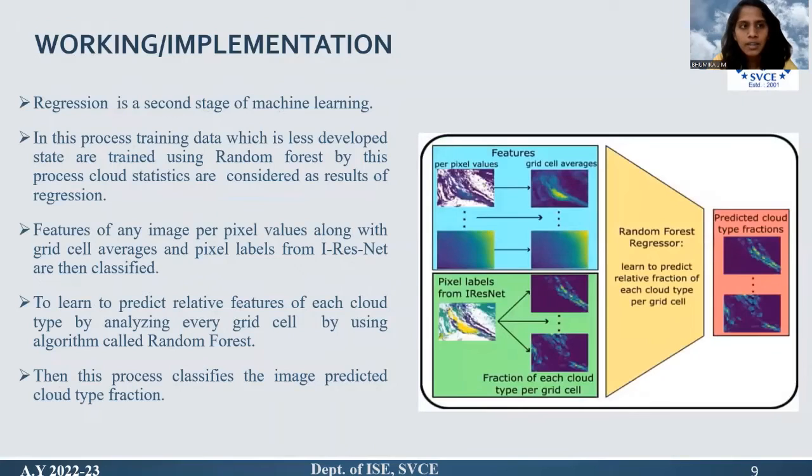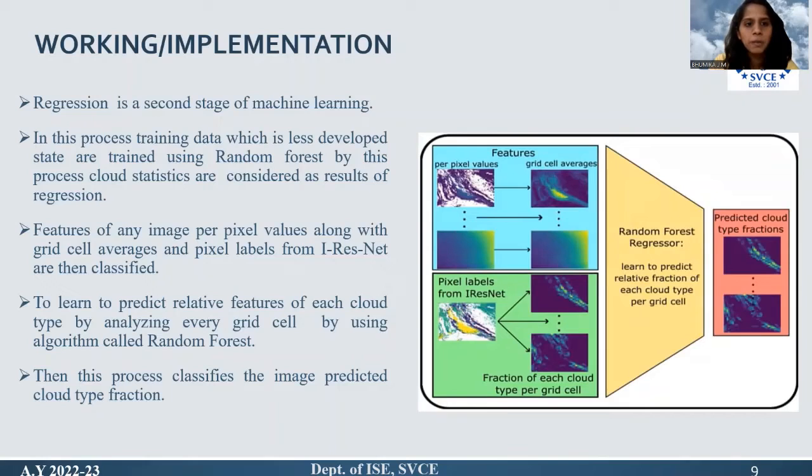In this slide, regression is the second stage of machine learning. In this process, training data, which is in a less developed state, are trained using random forest. By this process, cloud statistics are considered as the result of regression.